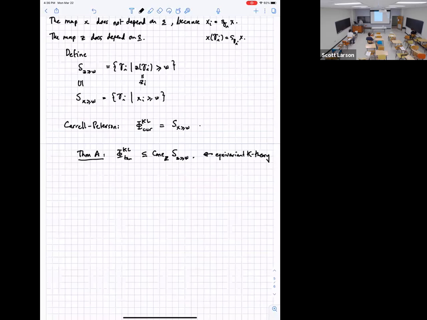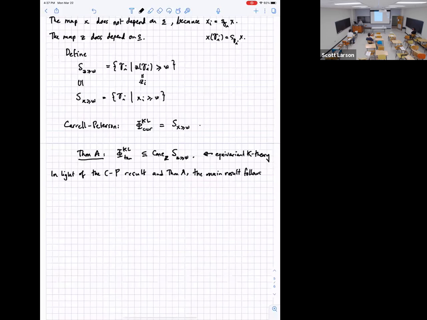But in light of the Carroll-Peterson result and this theorem A, the main result follows from what I'll call theorem B, which says that the cone over A of the Z set is equal to the cone over A of the S set, which is more or less a purely root system kind of fact now.